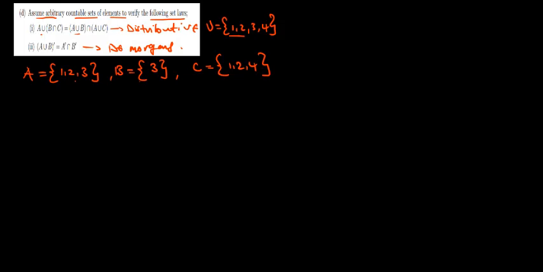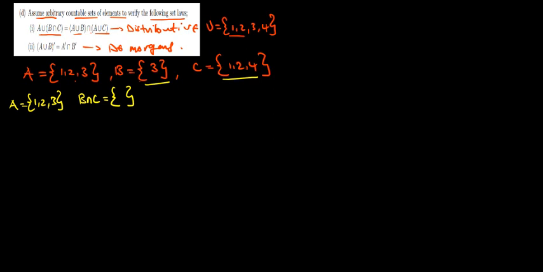So let us prove that A union B intersection C is the same as A union B intersection A union C. Let's start with the A, which we've been given as 1, 2, 3. Let's find B intersection C. When I look at set B and set C, there's nothing common, so that will be an empty set.